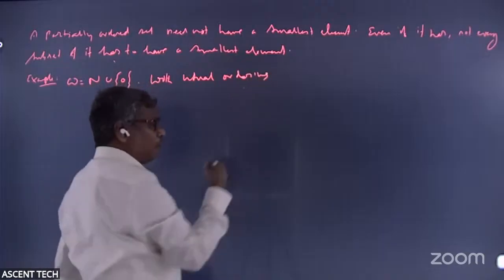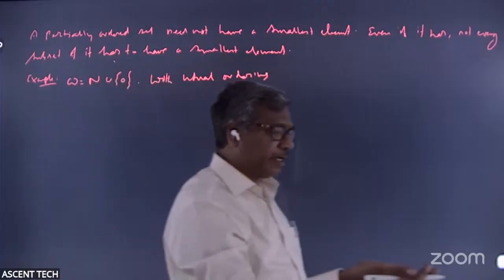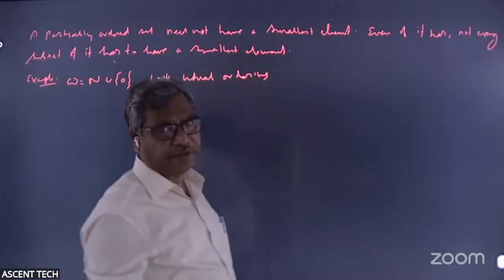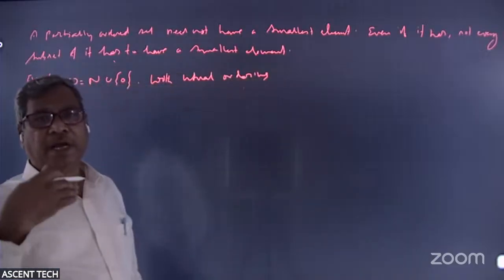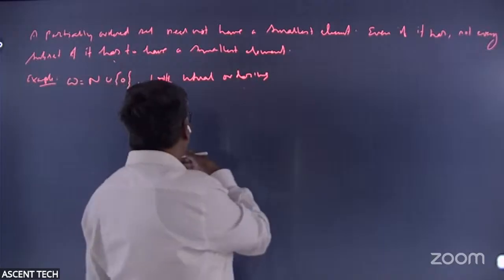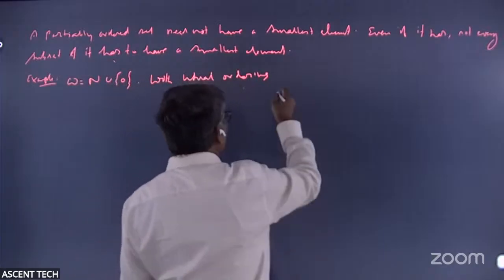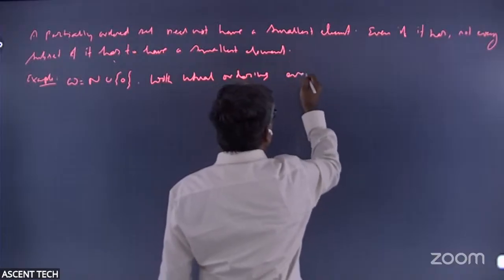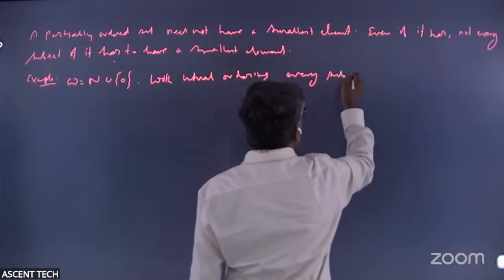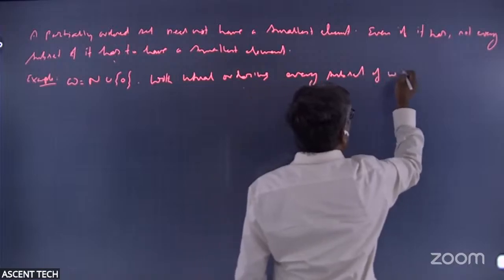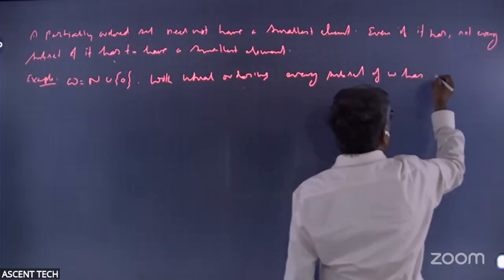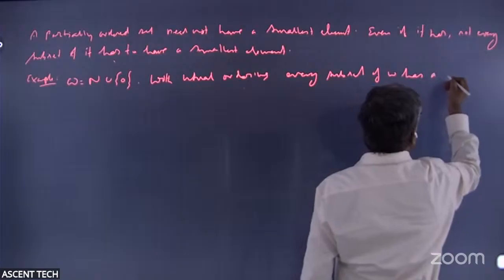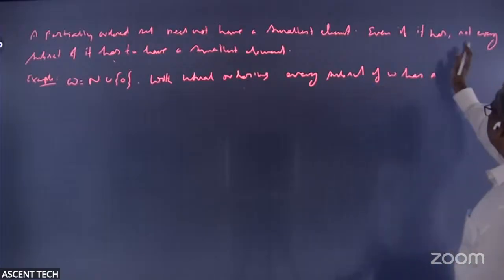The ordering all of us know: a number is less than some other number, like 2 is less than 4, 4 is greater than 1. With the usual ordering, every subset of omega has a smallest element.